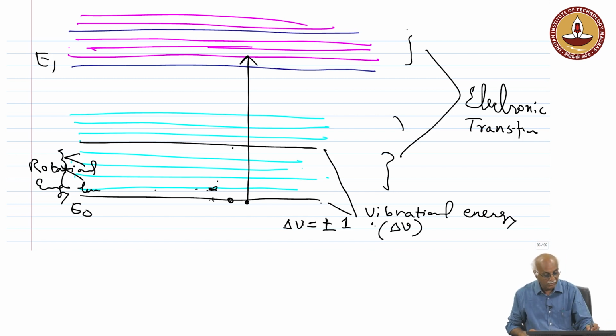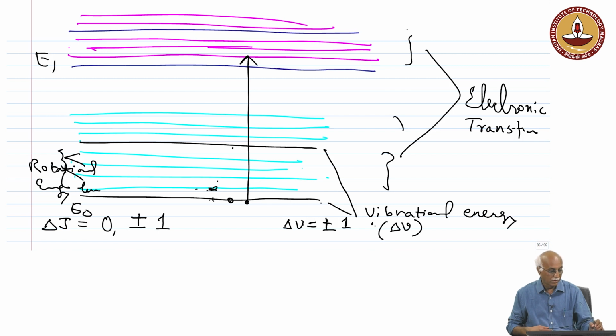And rotational energy levels within these vibrational energy levels have transitions which are possible, which are either 0 or plus or minus 1.